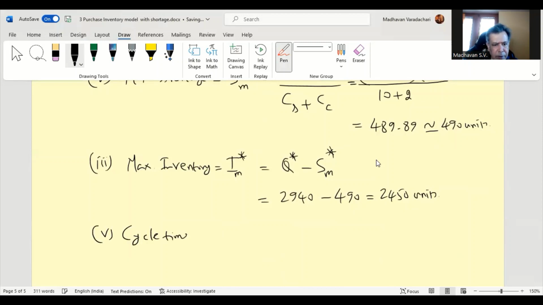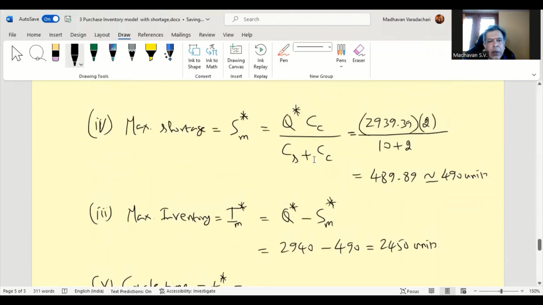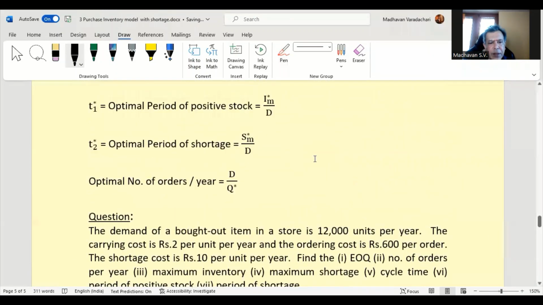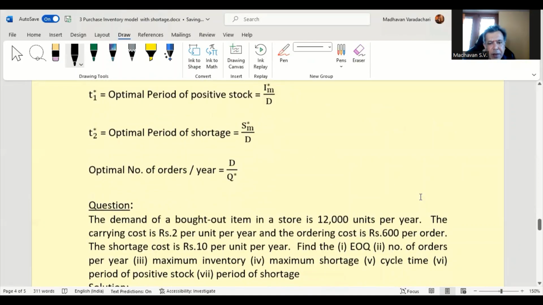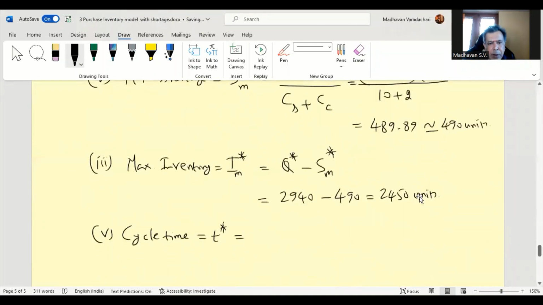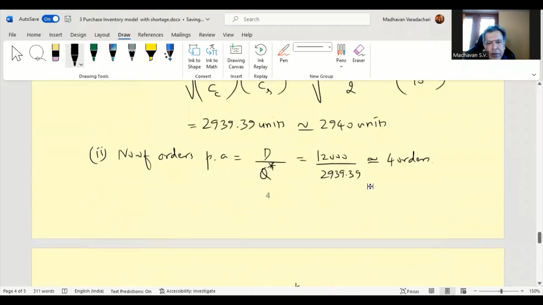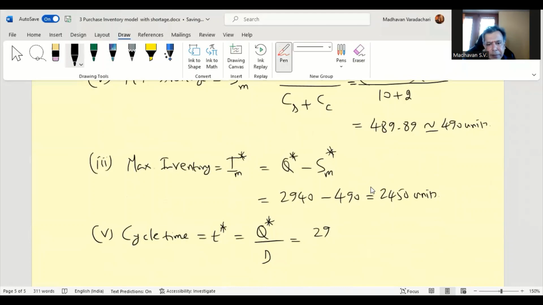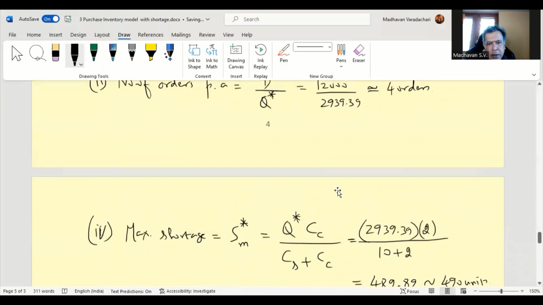Cycle time, which is T star, is the reciprocal of this, meaning Q star divided by D. Q star is 2939.39. Let me write the decimal value; finally, we'll round it off. Annual demand is 12,000, isn't it?